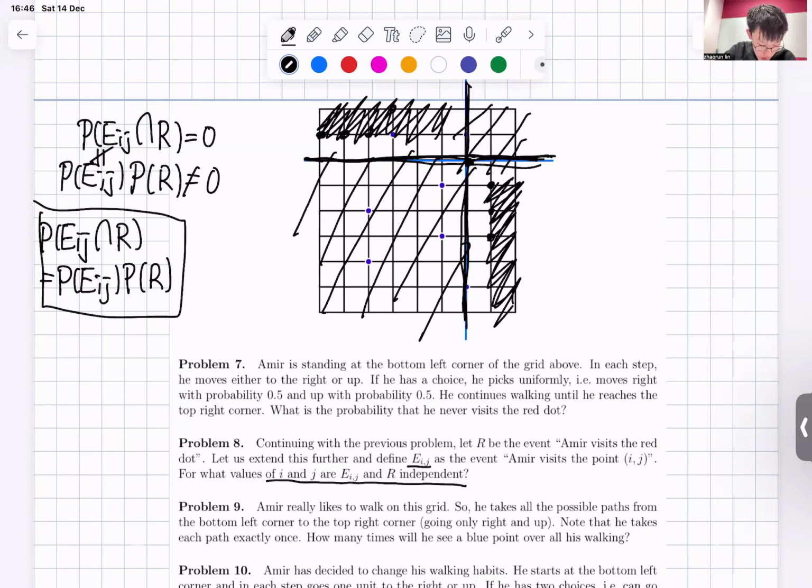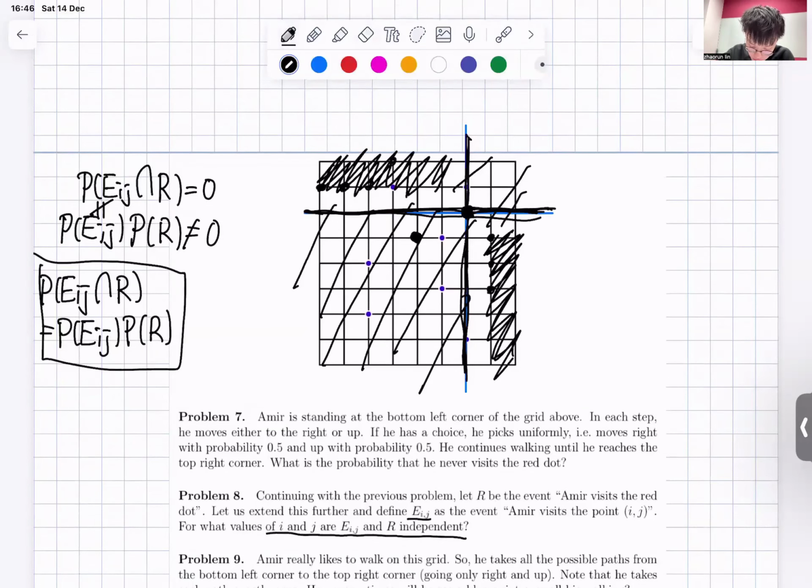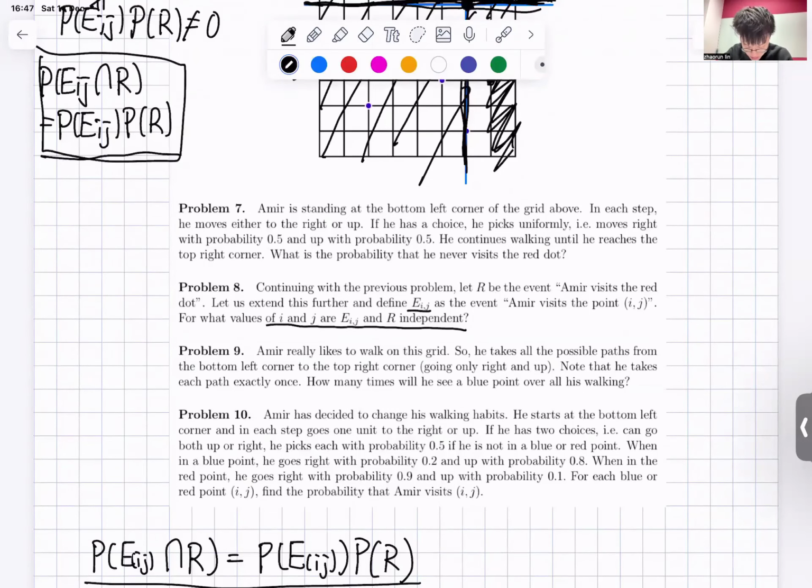So for Eij and R, you have to first calculate the probability of reaching Eij, and then from Eij the probability of reaching R. So it is the probability of first reaching Eij and then reaching R. And for this grid, you have to first calculate the probability of reaching R and then reaching Eij. So for all those points that have this relationship, they are independent.